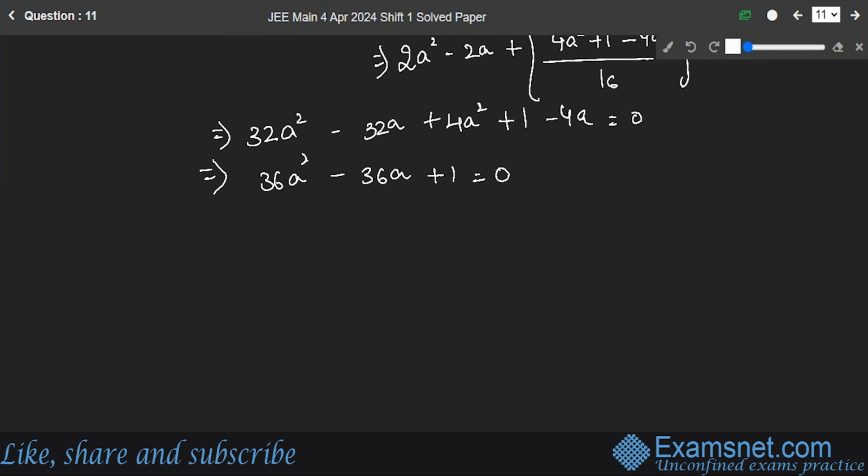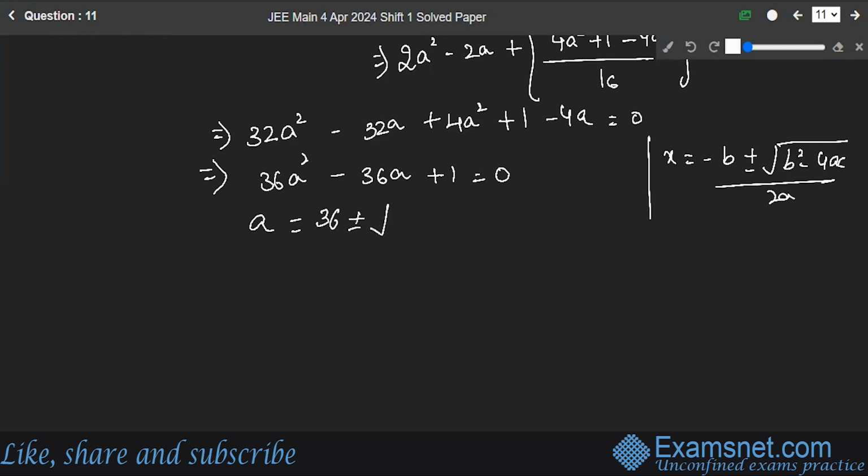You will get the value of a applying the quadratic formula, which is x is equal to minus b plus minus root of b squared minus 4ac upon 2a. This is minus of minus 36 gives you plus 36 plus minus root of 36 squared minus 4ac, divided by 2 into 36.